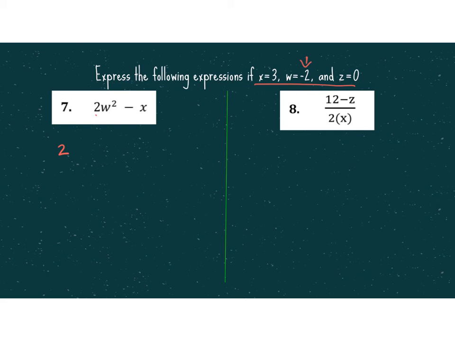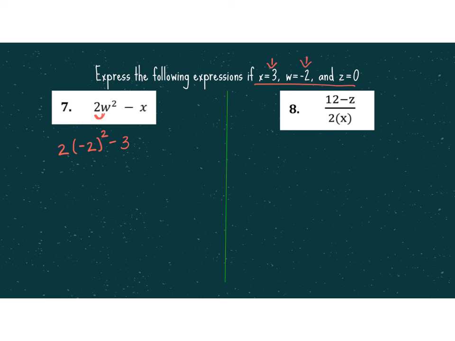And because these are right next to each other, I know they have to be multiplied. So in order to multiply, I'm going to put a parenthesis right here and stick a -2 in there. And then I'm going to close that parenthesis and square it because it says squared. And then it says minus x. Well, when I look up at the top, my x is 3. So I'm going to put a 3 right there.